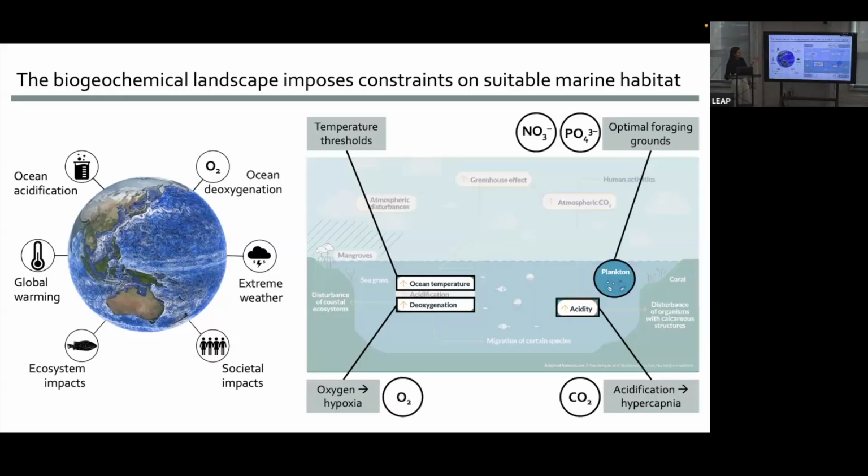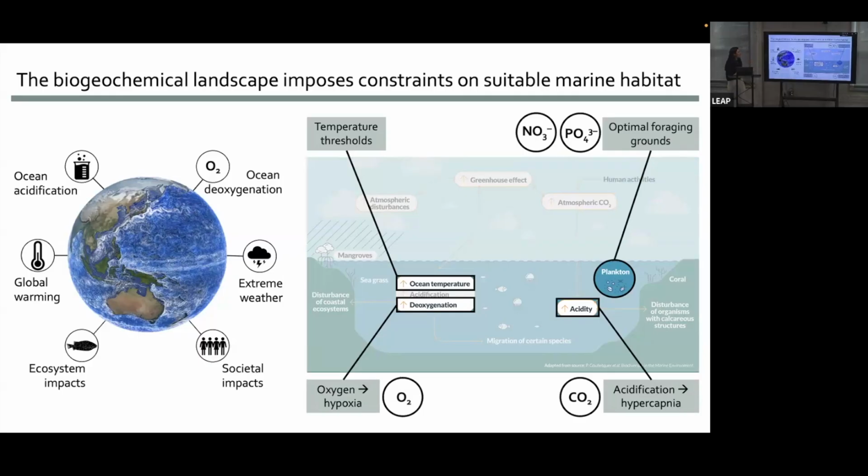So the biogeochemical landscape in the ocean imposes really critical constraints on marine habitat. Low oxygen levels can cause hypoxia, and high pCO2, high carbon dioxide in the ocean, can cause hypercapnia. Both of these processes can impact metabolic rates and stress tolerances of organisms.